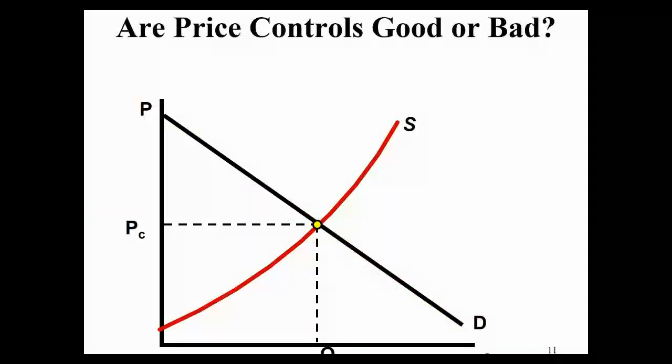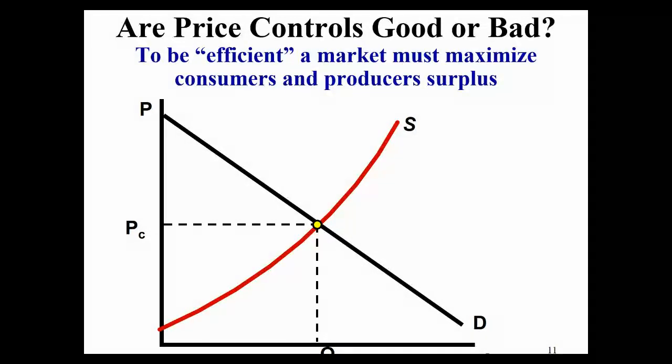So if we take a look, are price controls good or bad? Okay, and when we think about the basic idea of price controls, we think about efficiency being at equilibrium. We like to be at equilibrium. We think of ourselves being efficient when demand equals supply and we're at equilibrium. That is the goal, to be at equilibrium.